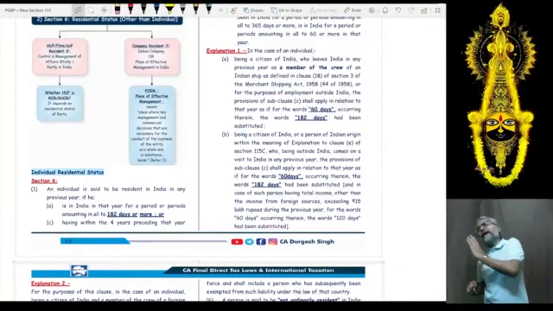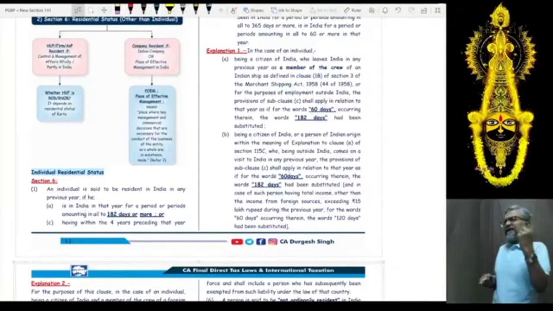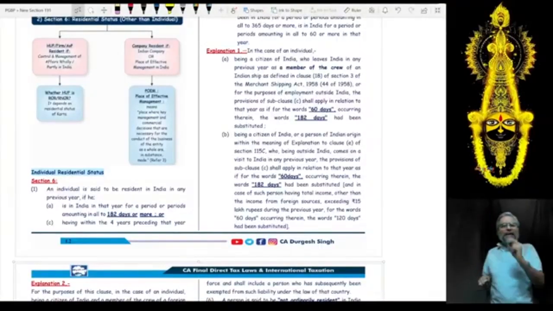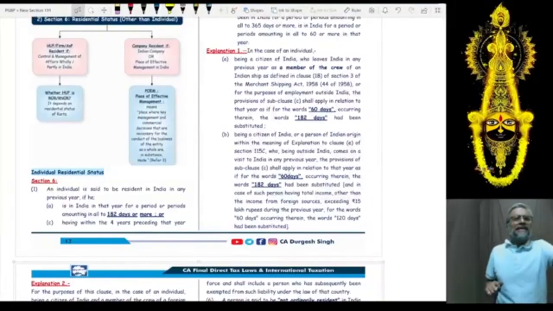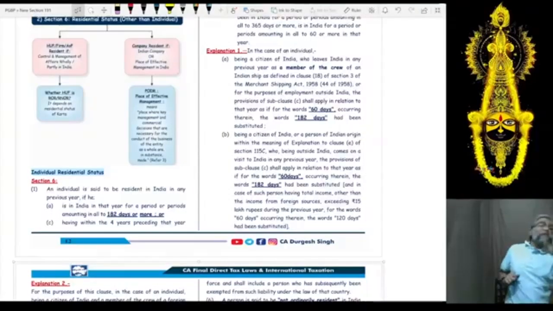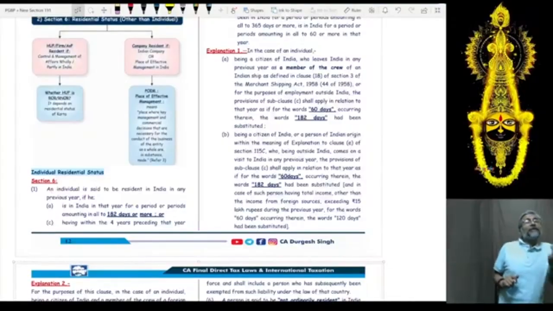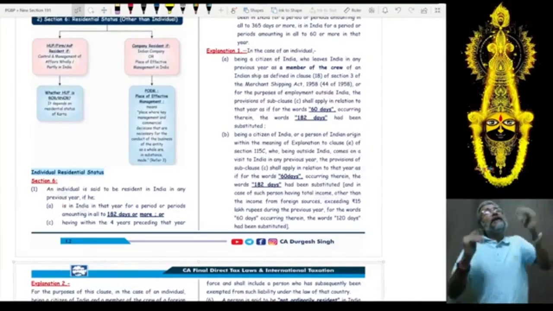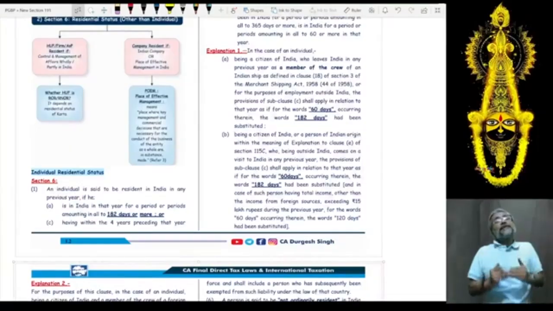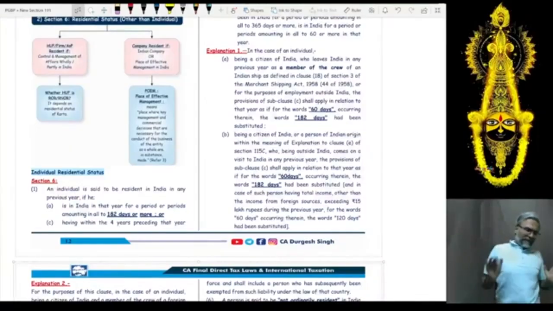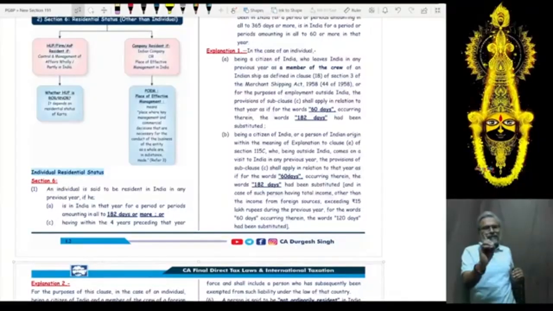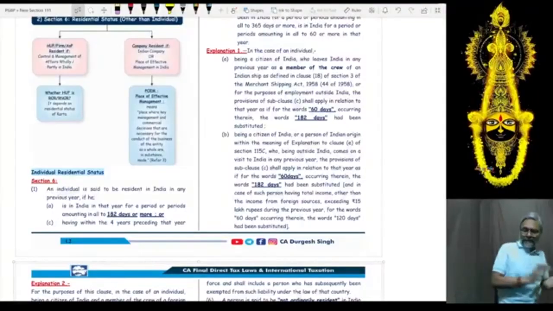This applies to any individual. If he satisfies one of the two basic conditions, he will be considered a resident in India in that previous year. Why am I making so much emphasis on that previous year? Because this test has to be applied every year. All of you are aware of it, isn't it?